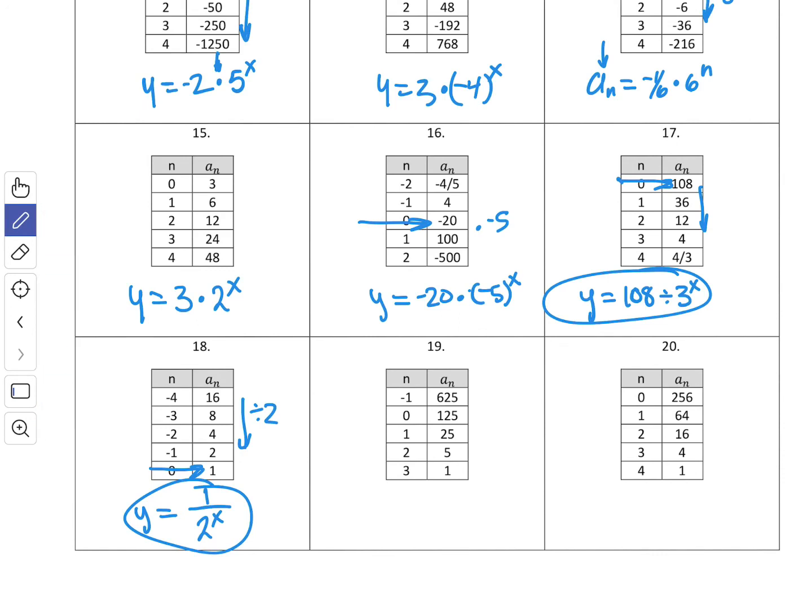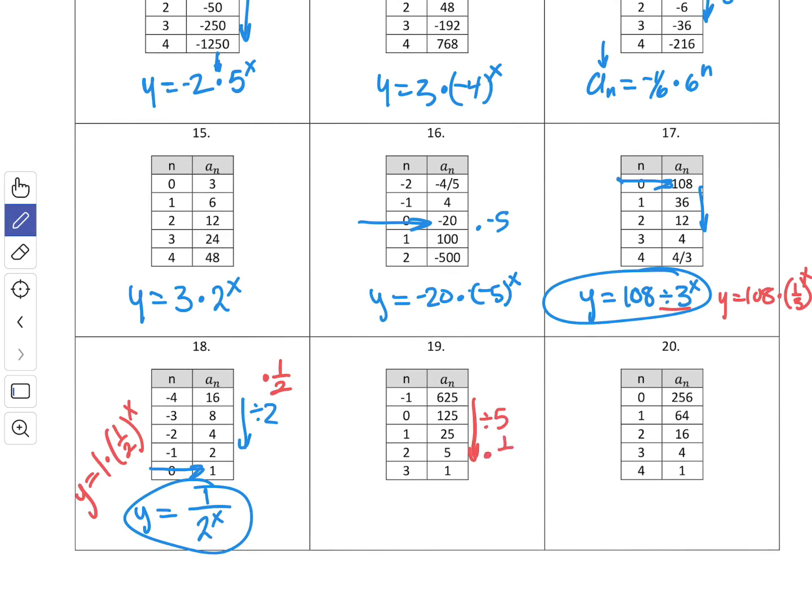Instead, when we're doing division, we would rather write it as timesing by its reciprocal, so timesing 1/2. So instead, I'd go y equals 1 times 1/2 to the x. Instead of dividing by 3, I'd write y equals 108 times 1/3 to the x, that reciprocal.